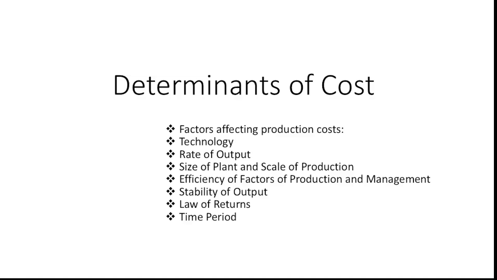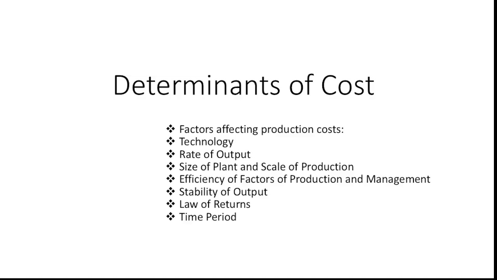We have to optimize the use of all these factor inputs in order to produce the output. If you are utilizing them optimally, then automatically the production cost will reduce. But underutilization of these factor inputs obviously increases the production cost.